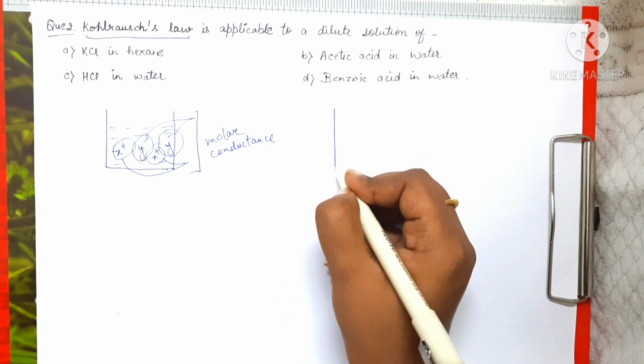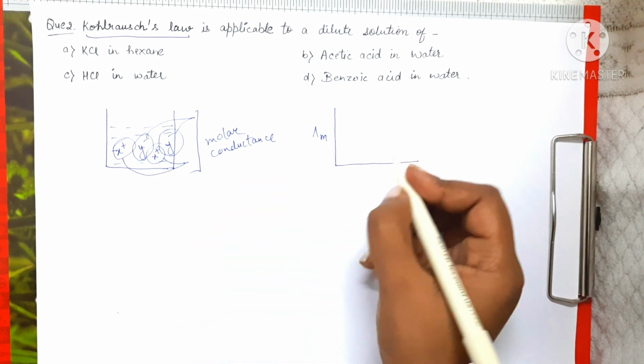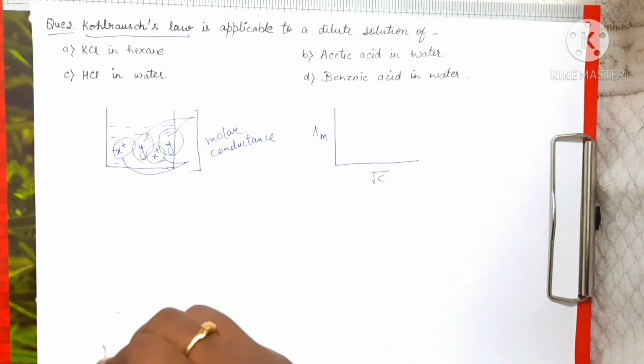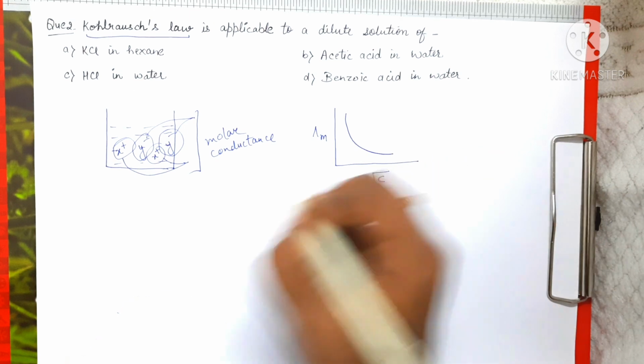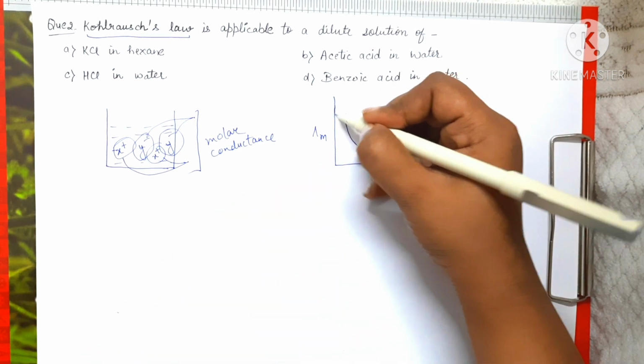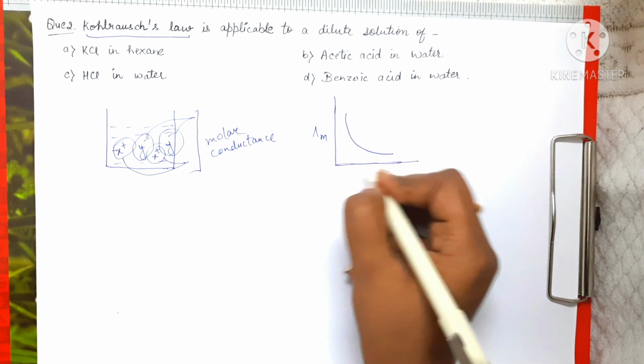If you remember, we have discussed this graph of lambda m, molar conductance, versus root of concentration. In the case of a weak electrolyte, this graph is like this, right? If we move from right to left, we are diluting the solution.